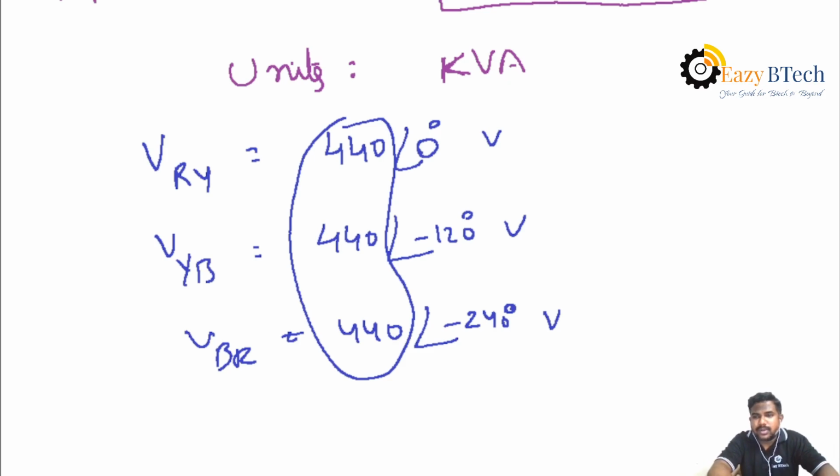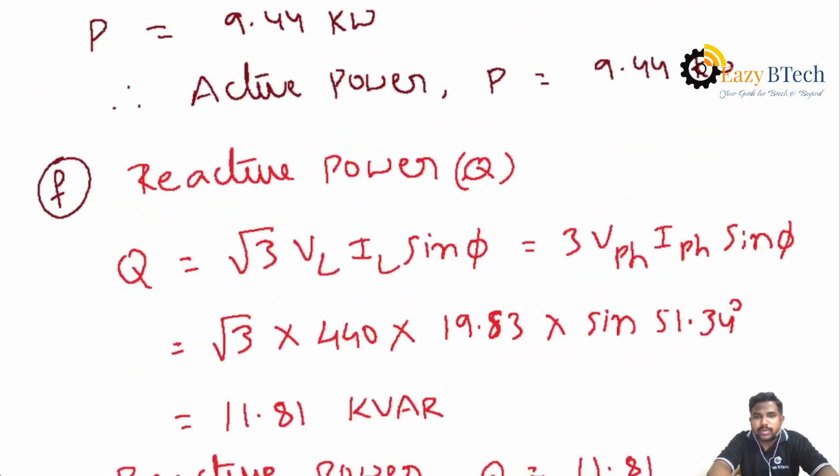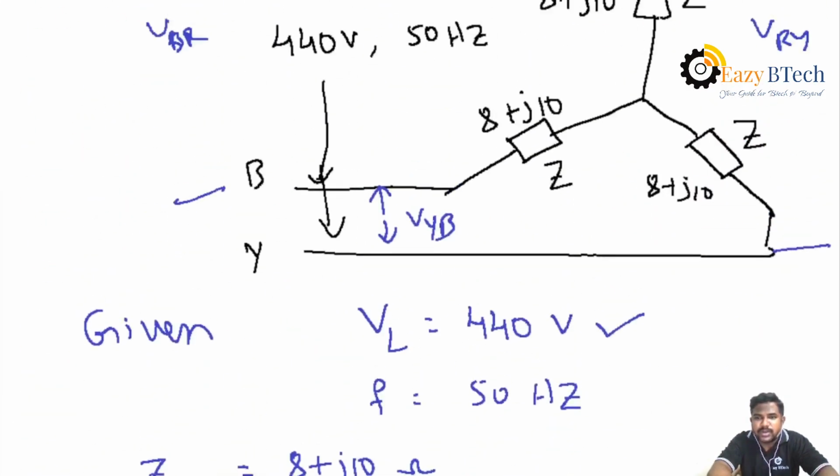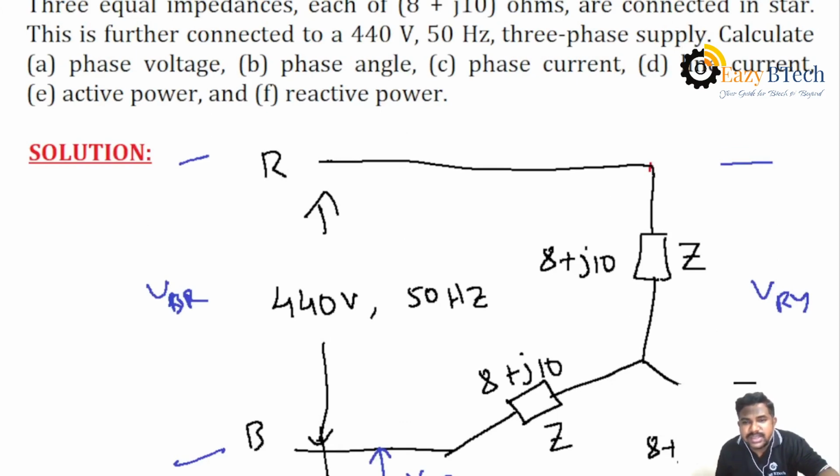Okay, in this way you have to make calculations and find out all values according to the given balanced star system. Remember, in star system, in the problems by default the given three phase supply is the line voltage, that is VL. From that you have to find out the phase voltage.